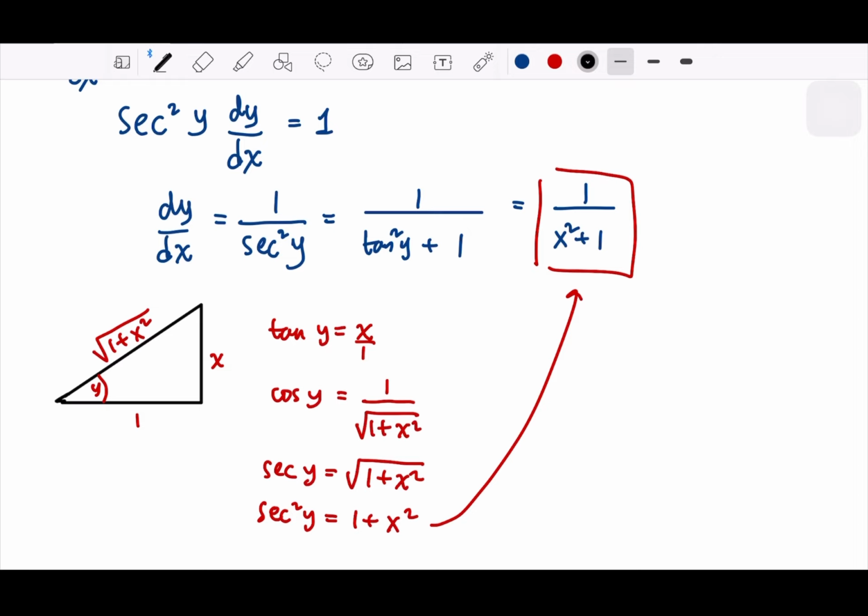Later on we can see in the integral, because sometimes we need to integrate functions like this, and all we can do is transform into a tangent inverse. Okay, tangent inverse.